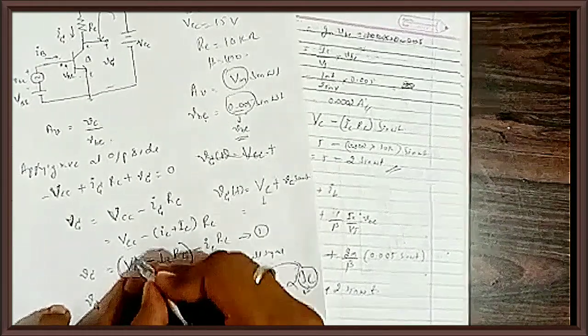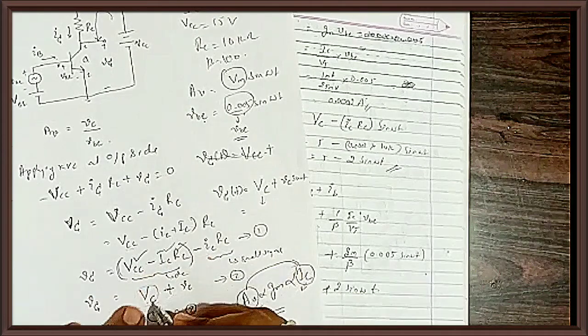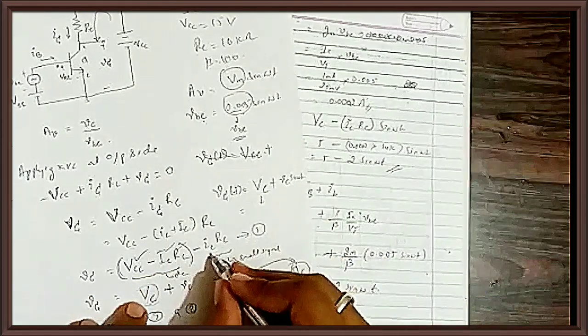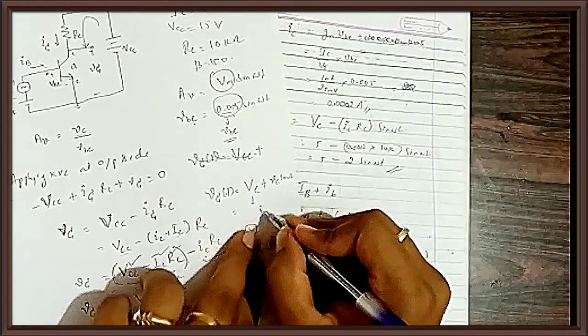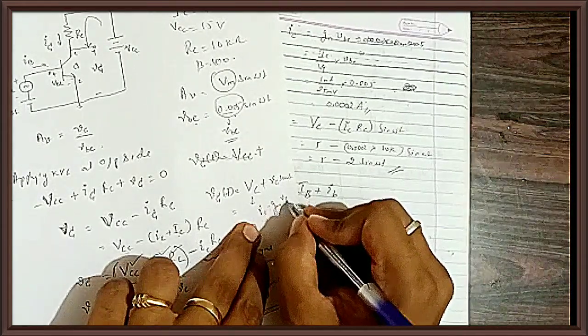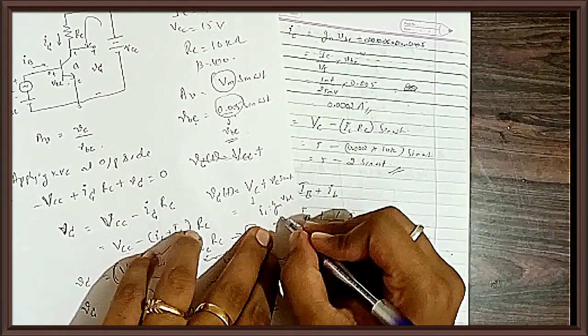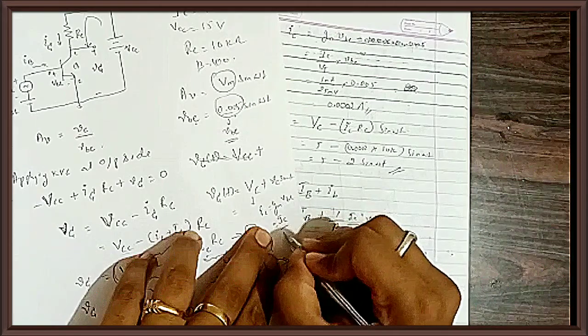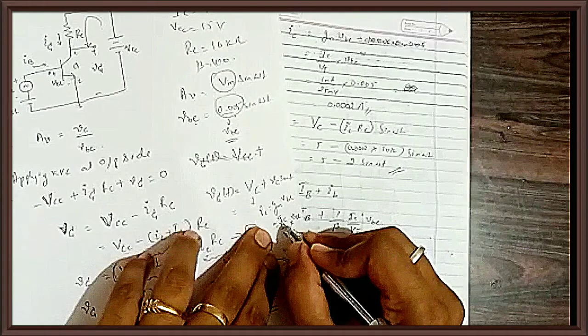Is VCC given? Yes. Is capital IC given? Yes. RC is given? Yes. So I can find VC directly. What is small ic? Small ic is GM into VBE. What is GM? I can write GM as IC divided by VT. What is IC?